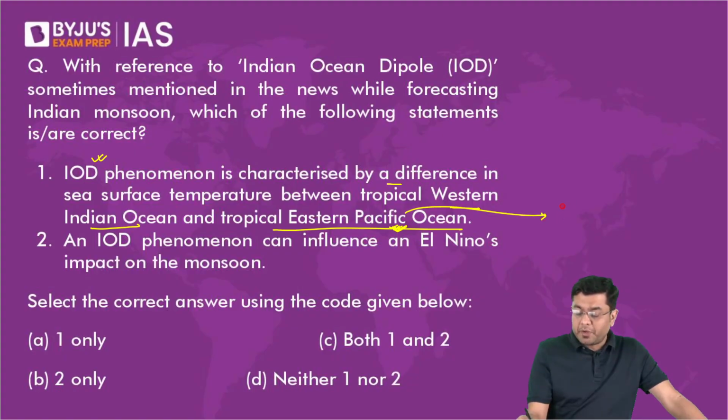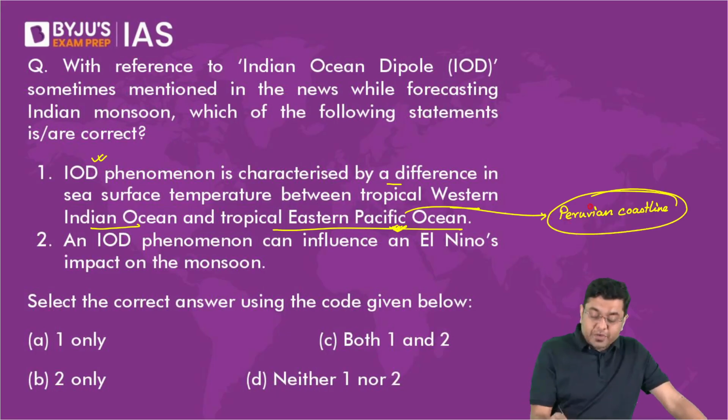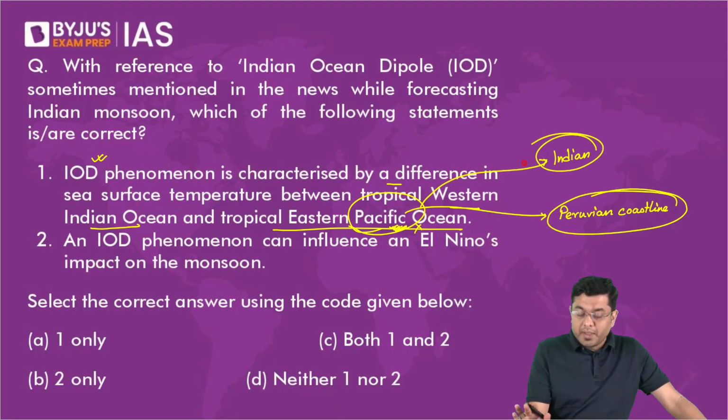It represents the Peruvian coastline. So this has to be Eastern Indian Ocean. The earlier question that we had seen had a similar catch. So rather than Pacific, it has to contain Indian Ocean. Is that understood? Equatorial region is included within the tropics itself.